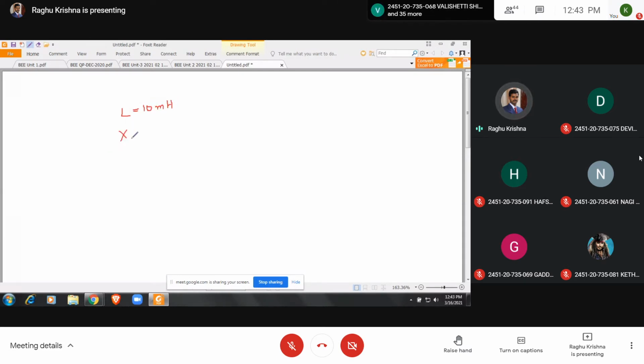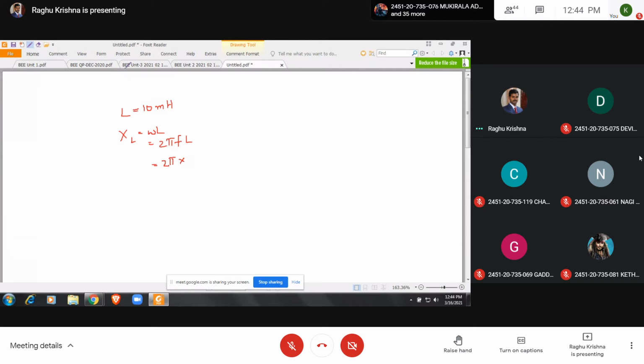So XL equal to omega L, which is equal to 2 pi into the frequency.